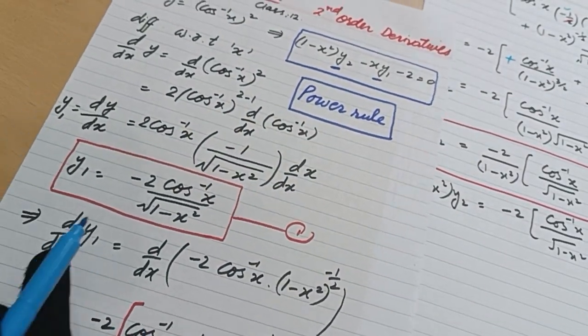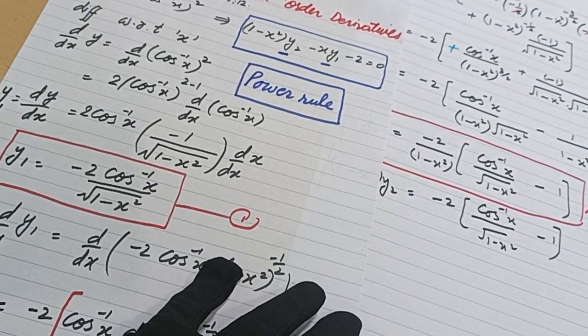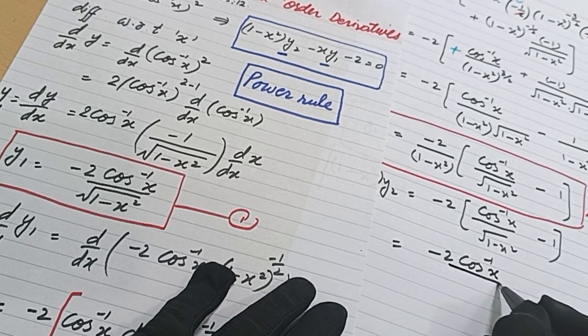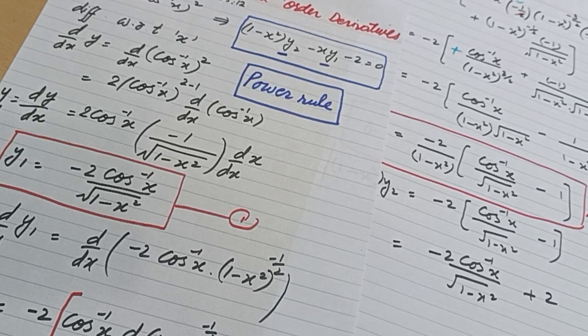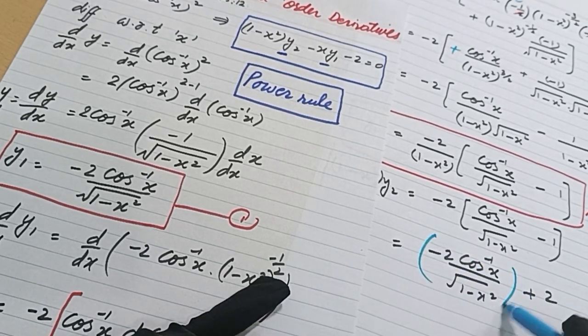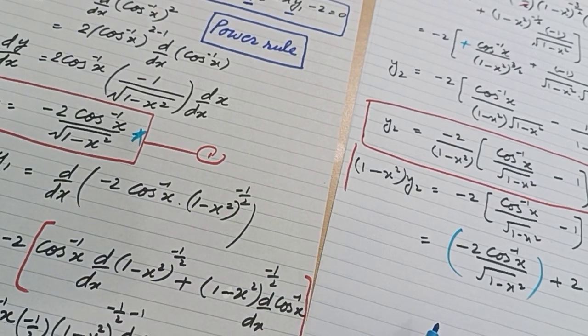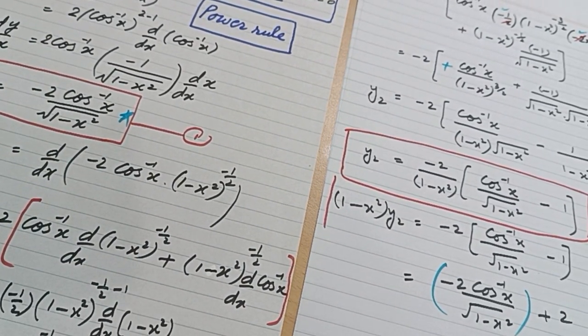If you see over here, this portion, if you multiply minus 2 inside, it will equal minus 2 multiplied by minus 2 cos inverse of x over 1 minus x square minus minus, plus 2. Now this portion exactly is this one. So we can replace it by y1.